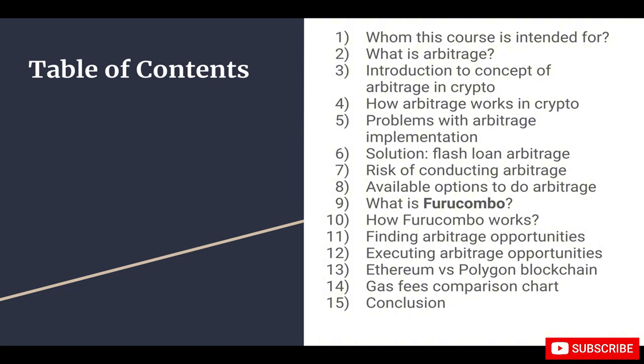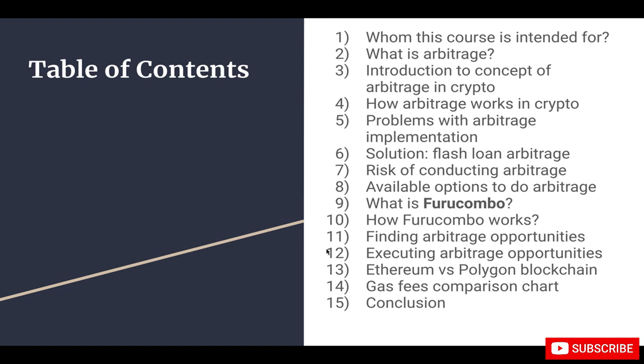I think there's no particular slide for chapter 10, since I will guide you directly on the Furucombo website. So for chapter 10, we'll move to the Furucombo website to learn a step-by-step tutorial on how to perform this flash loan arbitrage trading without your own money. Obviously we're going to borrow money from Aave. So yeah, that's chapter 10.